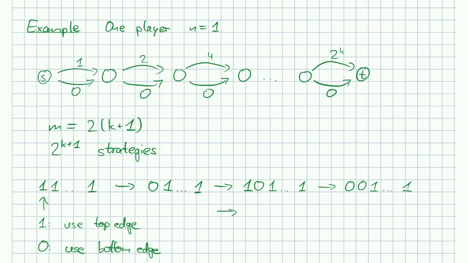And then we switch in the third component, so we switch now from the 4 down to the 0, but at the same time we switch back to 1 plus 2 in the first two edges. So also this is again an improvement, but the improvement is still only by 1.